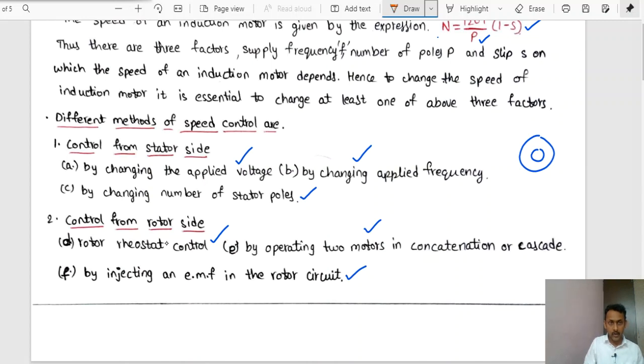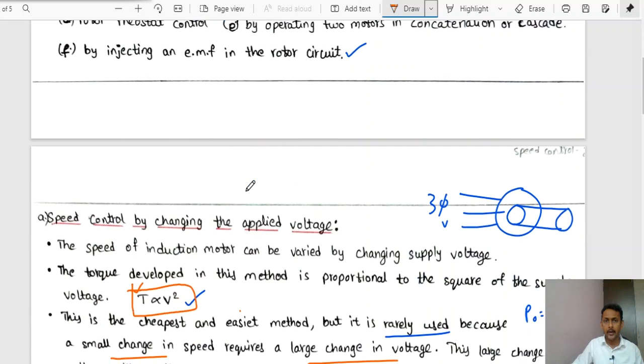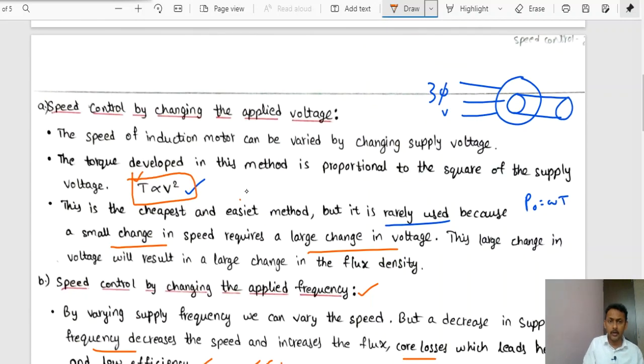If it is from the rotor side, we can achieve it by using rotor rheostat control, or by operating the two motors in cascaded or series connection mode, or by injecting EMF in the rotor circuit. This is another possibility. Torque is directly proportional to the square of the applied voltage.